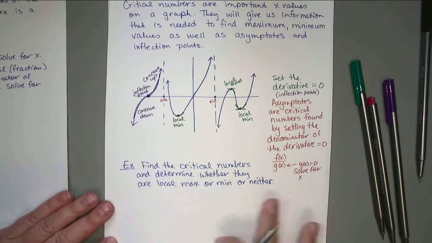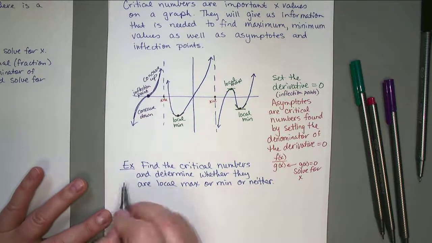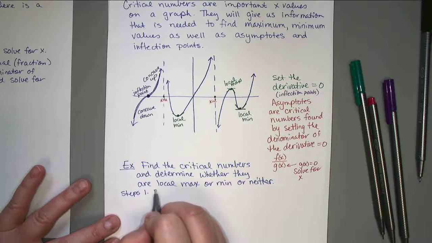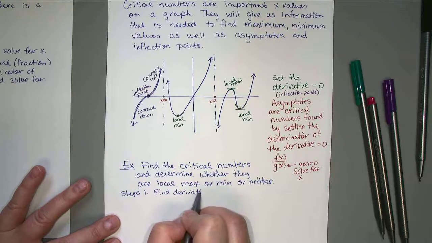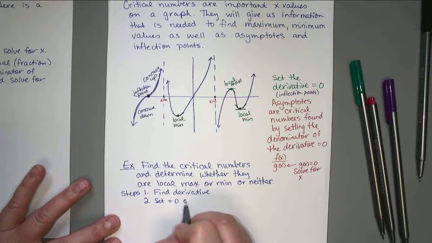And if it was neither, then it ends up being this inflection point. Okay, so the steps are find the derivative, set equal to 0 and solve for x.